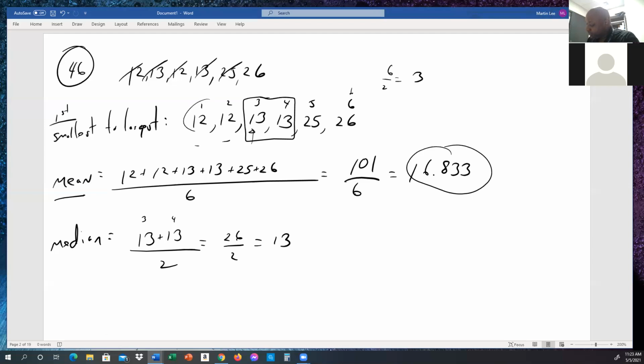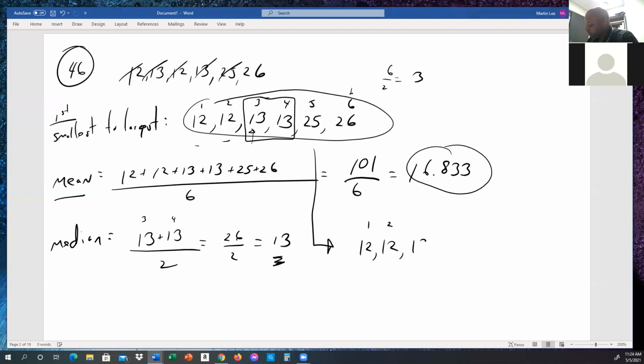So let me rewrite this data set, and I want to include my median. We have 12, 12, the first number, the second number, the third number. Now I'm going to insert the median.